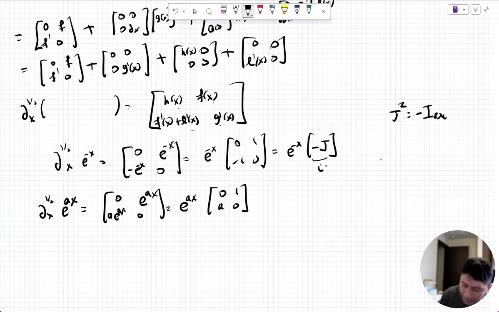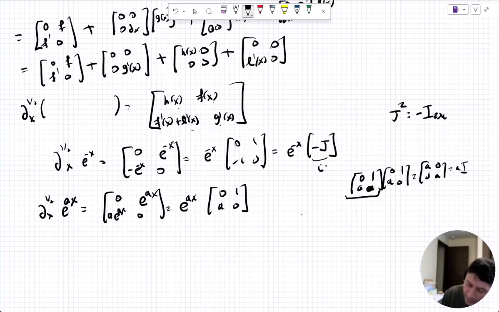So what is this function e to the 0, 1, a, 0, right? What happens when I multiply this matrix by itself? I get a on the top, and I get 0, 0, a times the identity, right?